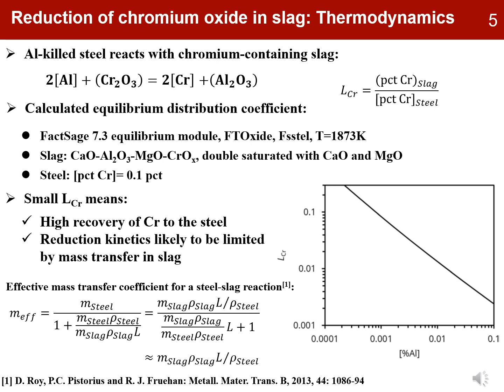And also it means that the reduction kinetics is likely to be limited by the mass transfer in the slag. As we can see in the bottom, the effective mass transfer coefficient for a steel-slag reaction can be simplified when the equilibrium distribution coefficient of chromium is small. And it's just related to the mass transfer in the slag.